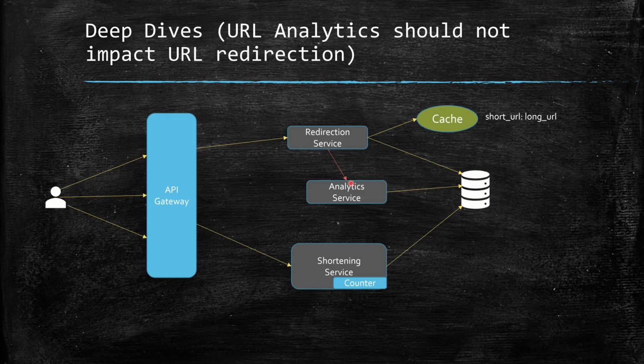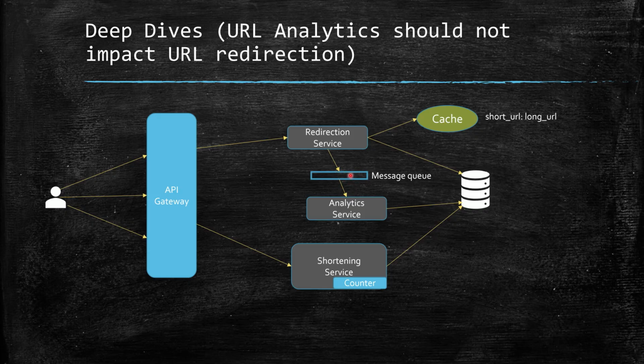So what we can do here, in order to remove this bottleneck, is introduce a message queue in between. So the redirection service, after getting the long URL for that short URL code, will just produce a message inside this message queue that, hey, this was the time at which the redirection was done. This is the IP address, and this is the short URL code and the long URL that the redirection service can publish in a message.